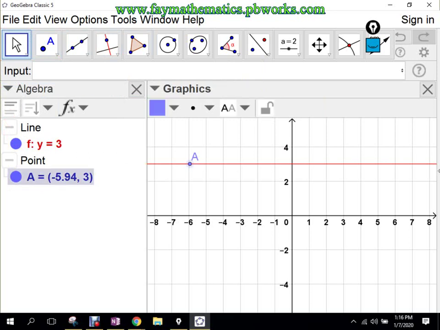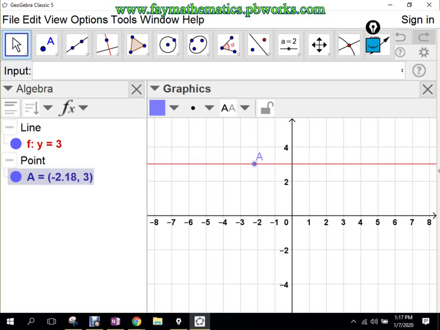And here's the ordered pair for that. No matter where I move A, what's the y value? 3. Do you see how our rule is telling us what y is? y is 3 no matter where that thing goes.